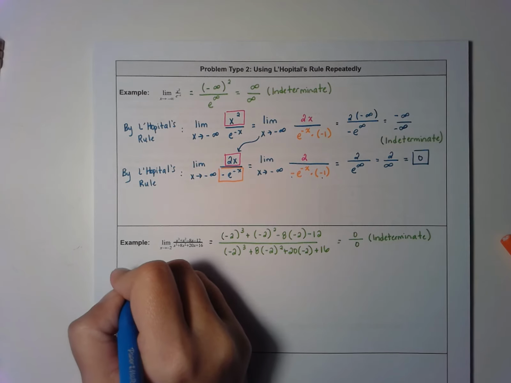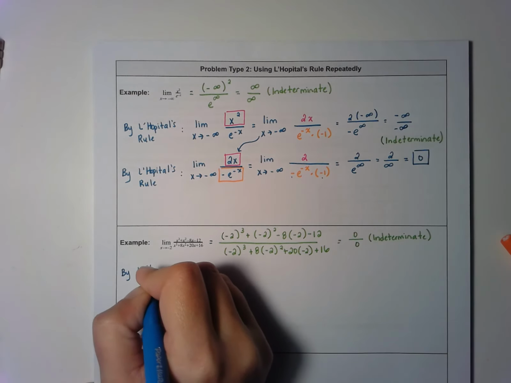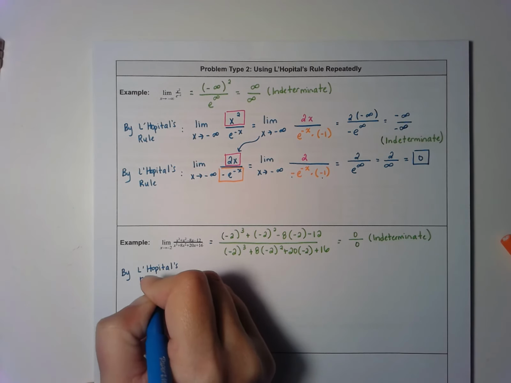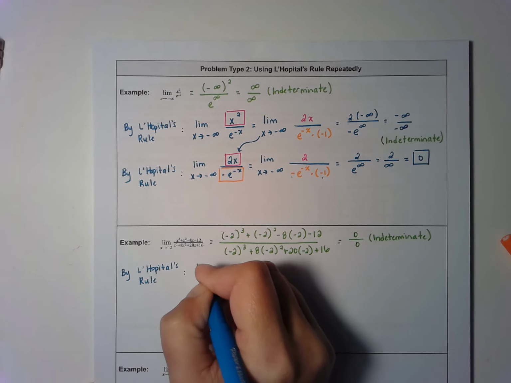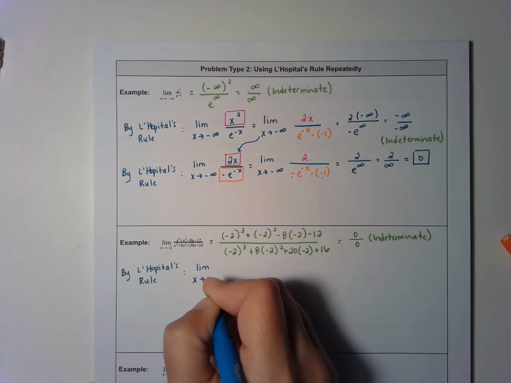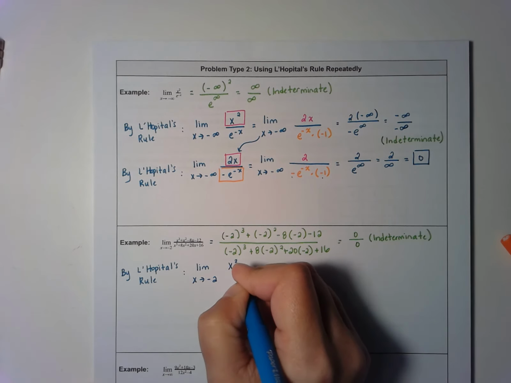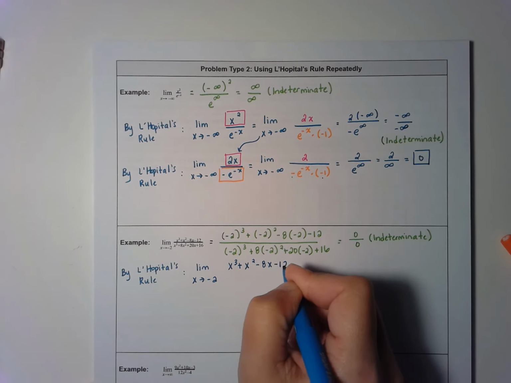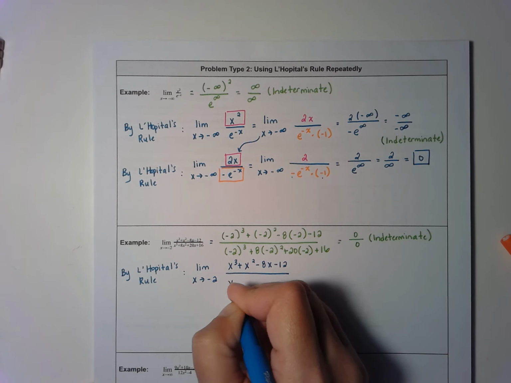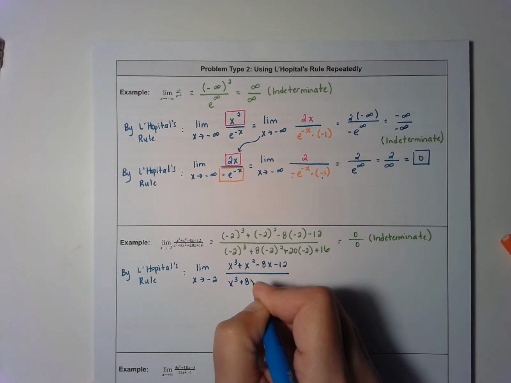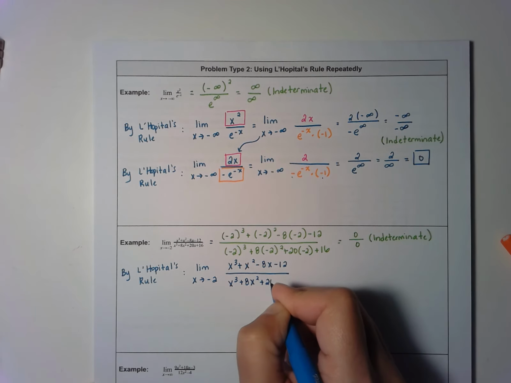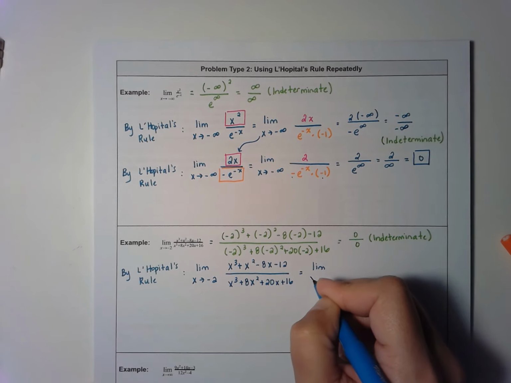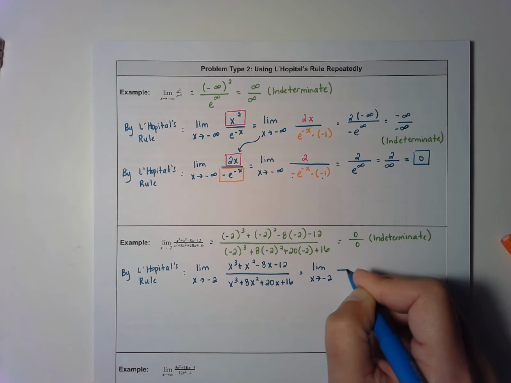So we would say, by L'Hopital's rule, the original limit that I was trying to find, the limit as x approaches negative 2 of x cubed plus x squared minus 8x minus 12 over x cubed plus 8x squared plus 20x plus 16 would be equal to the limit of the derivatives of those functions.